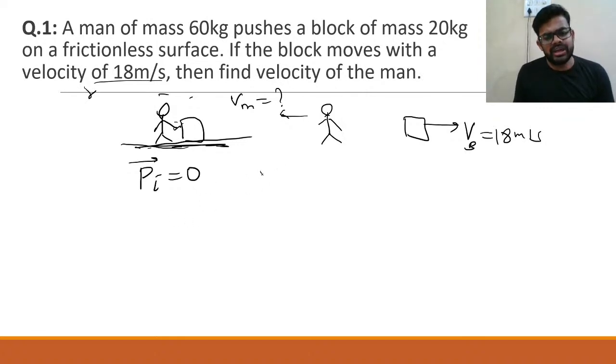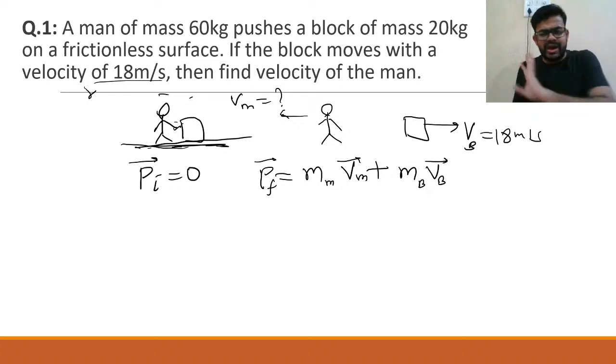So finally, the final momentum is mass of man into velocity of man plus mass of block into velocity of block. Don't be afraid of this vector sign; it just represents a direction, nothing else.